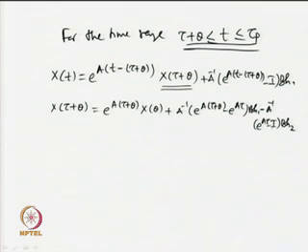What is I? I is the identity matrix of the order of A. So, x(t) upon simplification can be found in the form of e to the power A(t minus tau minus theta), x(tau plus theta) will be substituted over here.